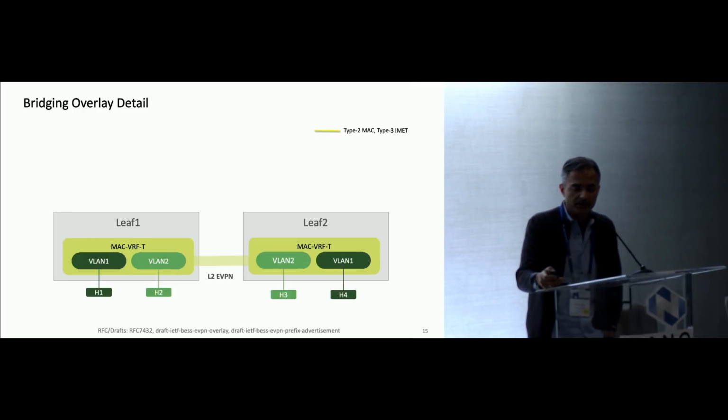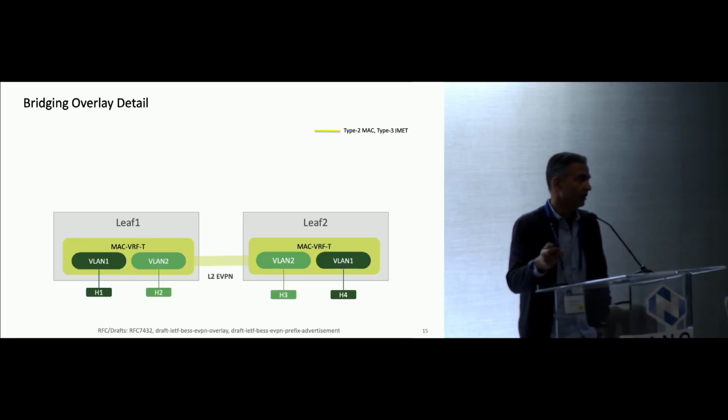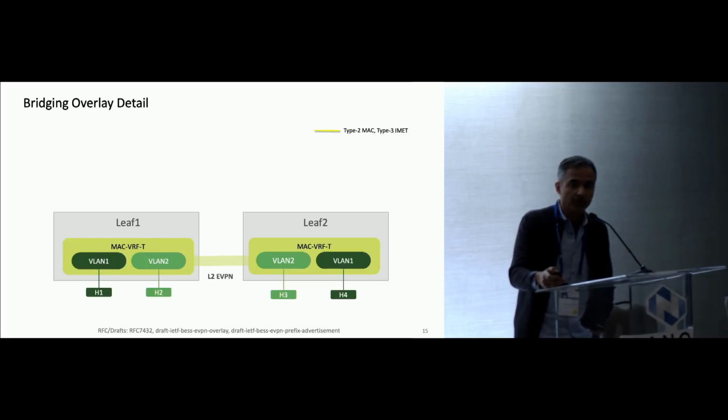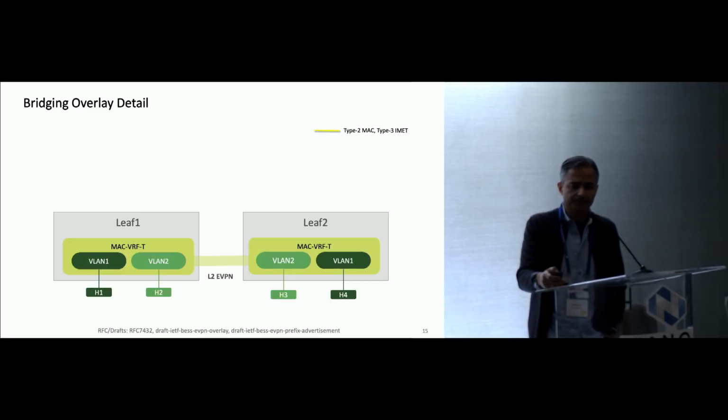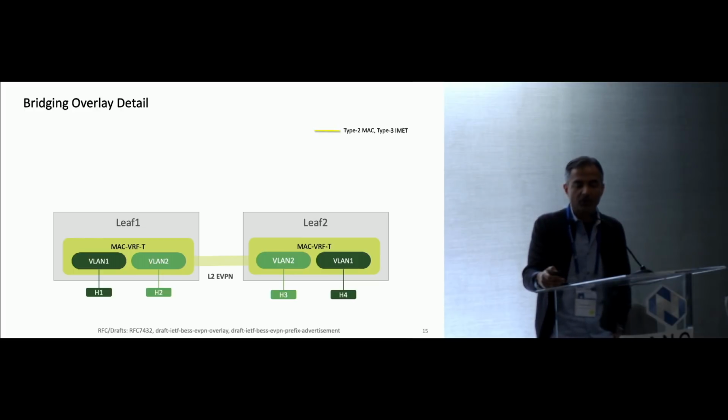Basically, this is what we call an EVI. So if I use the word EVI in the context of a tenant, it's not just one VLAN, it's all the VLANs of a tenant, right? And all the VLANs of a tenant can be described in one policy that is implemented at the MAC VRF level. So just note that when I use the word EVI, it covers all the VLANs that are participating in a tenant and configured within the MAC VRFs.